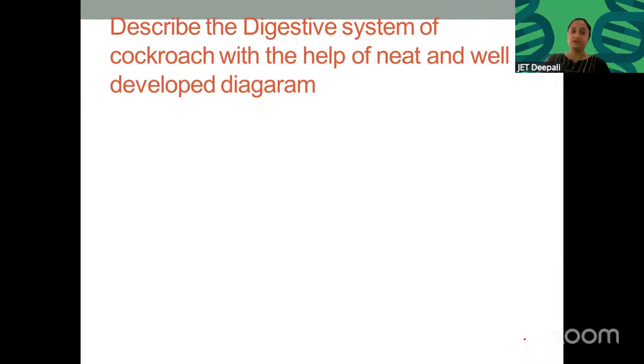So the question is: describe the digestive system of cockroach with the help of a well-labeled diagram. The digestive system consists of the alimentary canal and the associated glands. The pre-oral cavity surrounded by the mouth parts is present in front of the mouth. So how will you write the digestive system of cockroach?